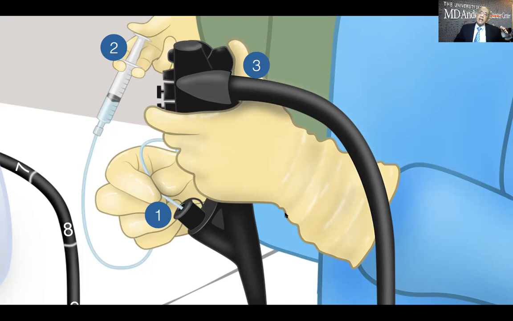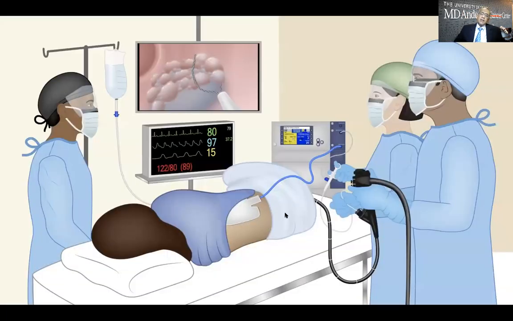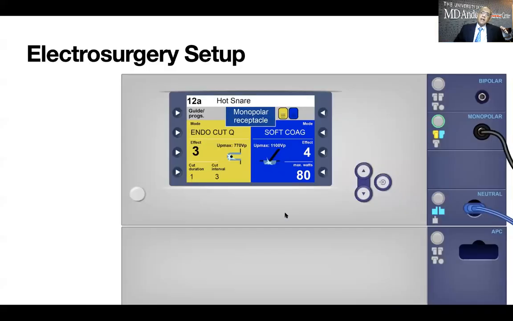So you plan that. Then the question is, how do you cut? And what do you use for the cut? I use a stiff snare for my cut. And as you can see here, my electrosurgery unit was just in front of me. That is always important. You want to see your electrosurgery parameters in front of you.